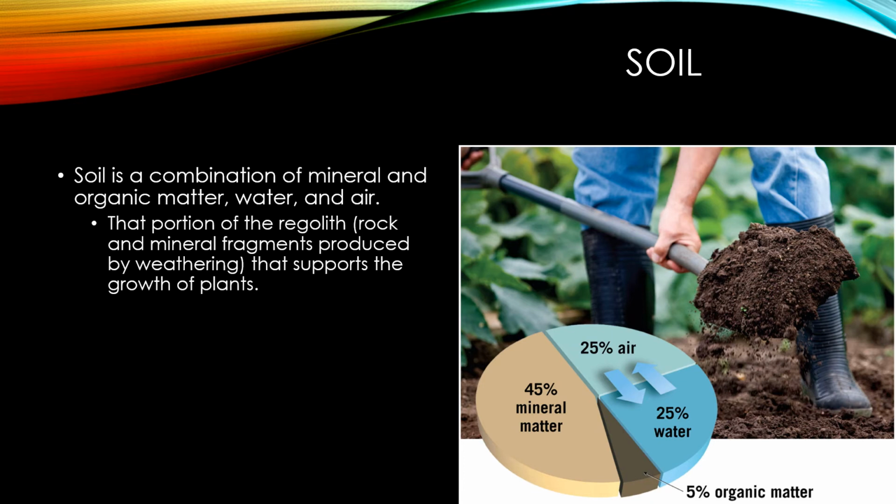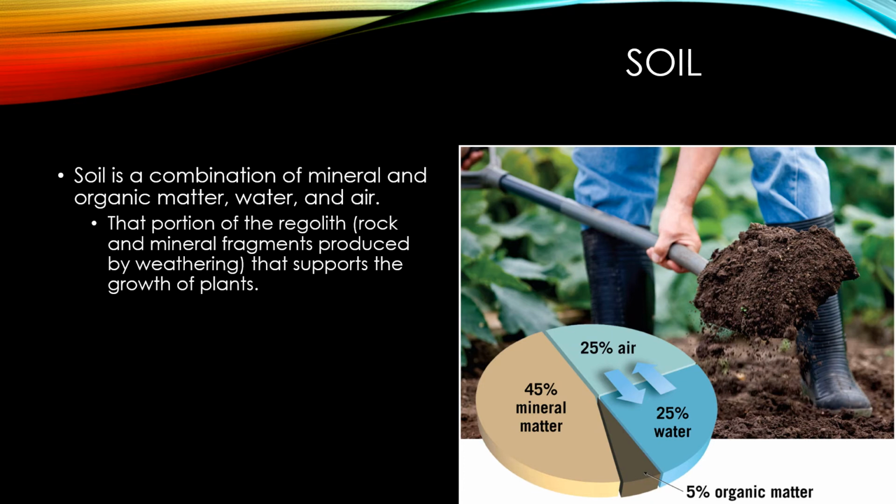But we didn't talk about soil, which is usually what you get as a result of multiple products of weathering that come together in a particular environment. So soil is really a combination of mineral and organic matter, water, and air.